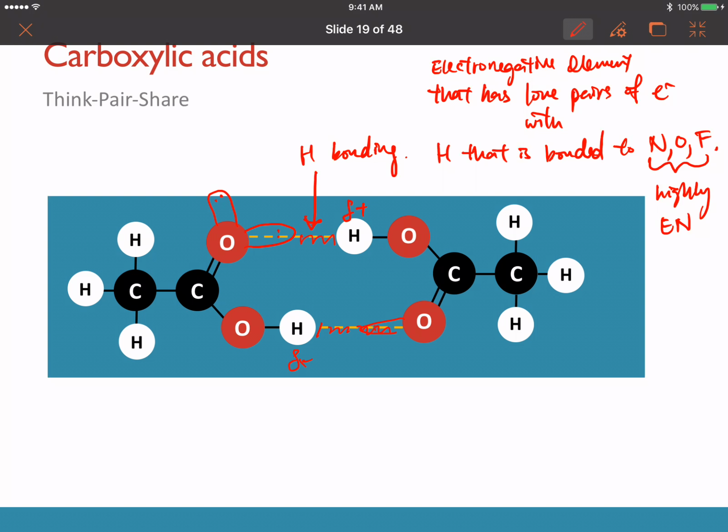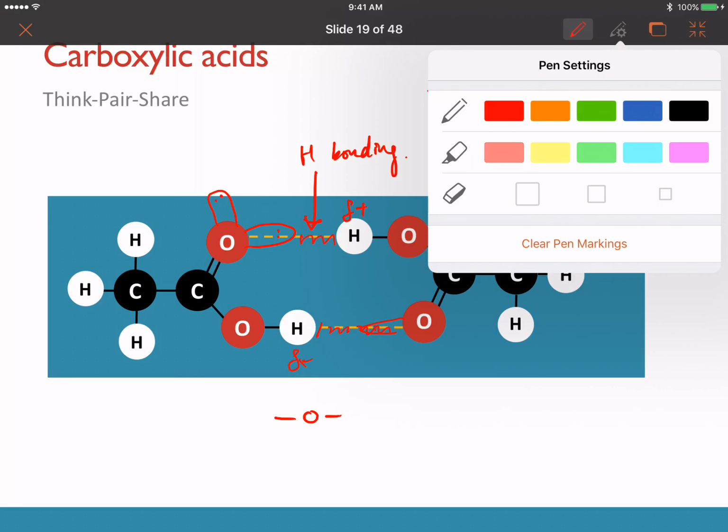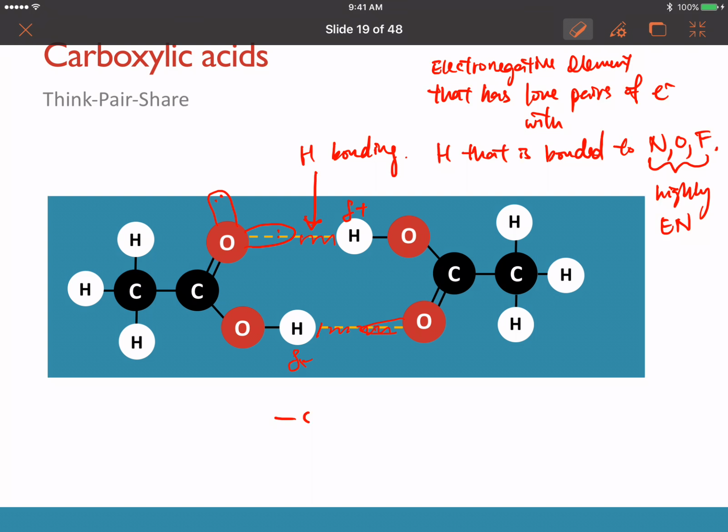So in the case of an alcohol, okay, there's only one hydrogen bond being formed.